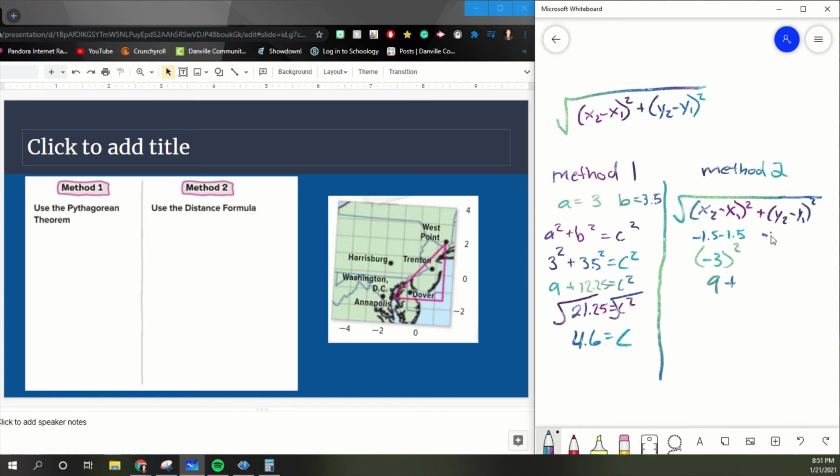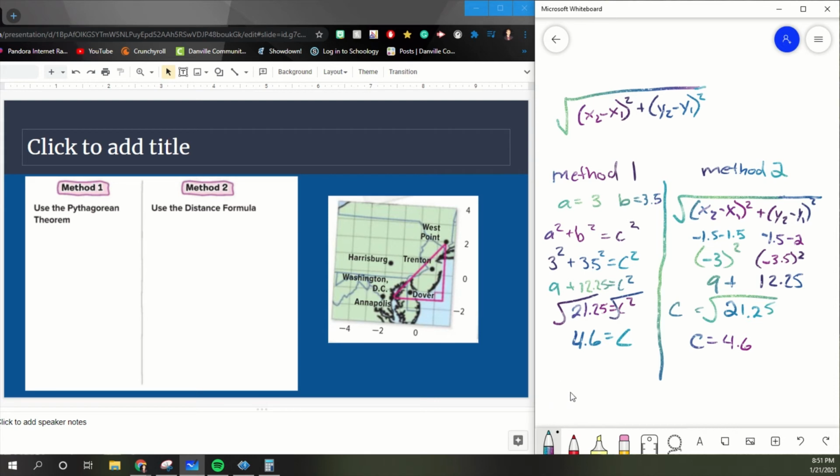I have negative 1.5 minus 2. Well, that gives me a negative 3.5 squared, which gives me 12.25. That looks familiar. When I add those two, I get 21.25. I need to take the square root of this because all of this is underneath the square root. And d is equal to c. So you get c is equal to 4.6 again.